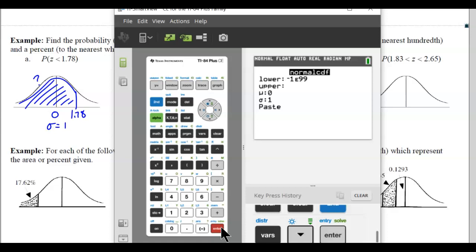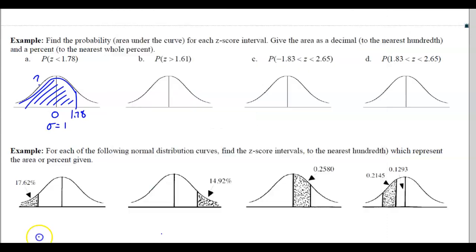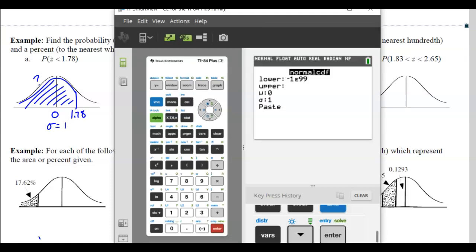So that goes way out here, so it makes sure it gets all the values. It'll still give you the same value for other small negatives, but just to be safe, we want to put in the smallest that your calculator will hold. Enter there, and then your upper boundary is 1.78.